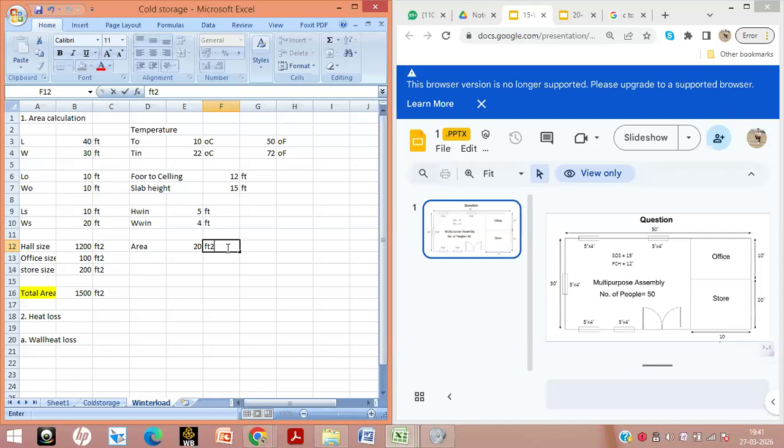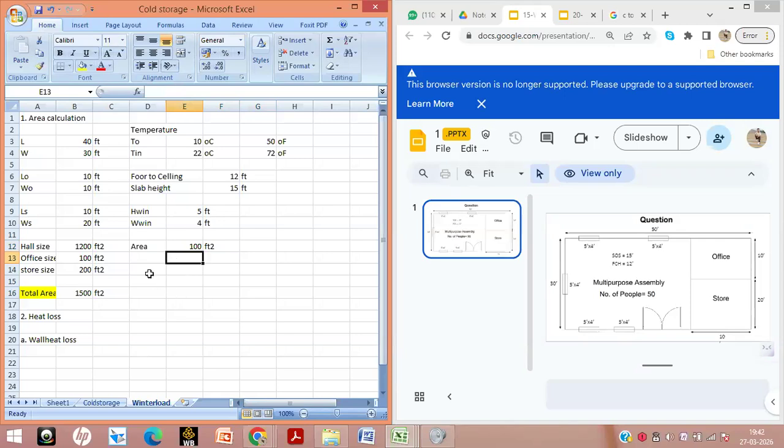Okay, so this is the area. So how many windows do we have? 1, 2, 3, 4, 5. So it's 5 times this, so it is 100 feet square.